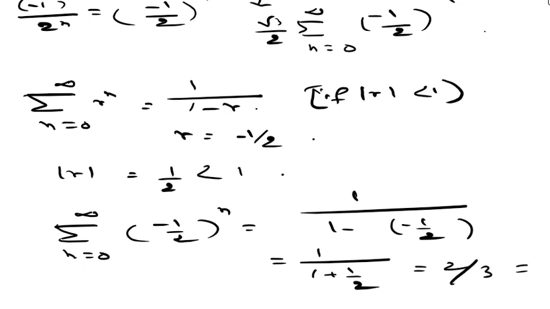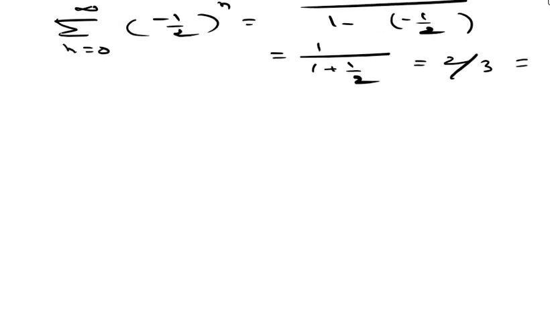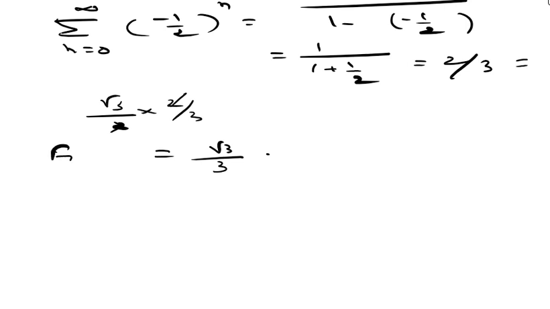Okay, now multiply the constant. So this becomes root 3 by 2 into 2 by 3, that is root 3 by 3. Okay, so the final answer for this question will be root 3 by 3.